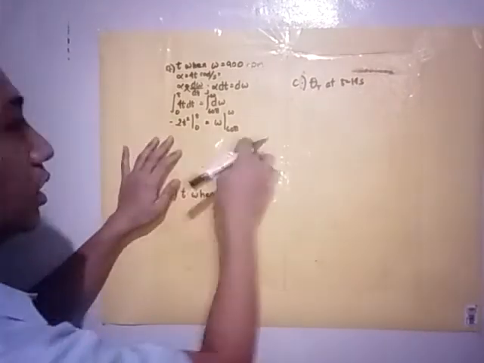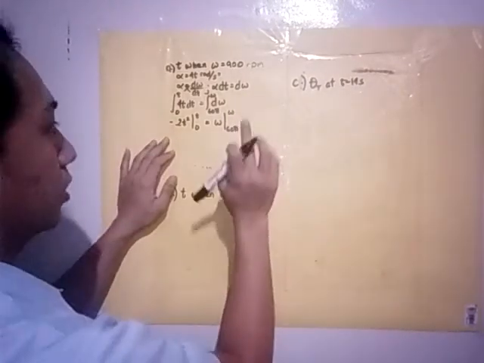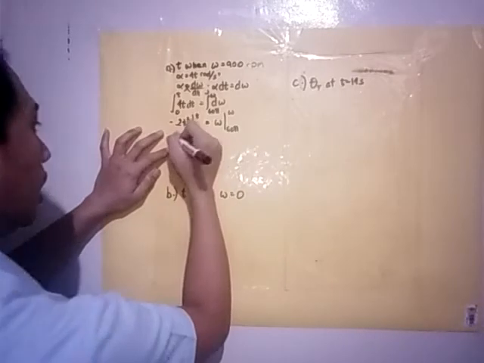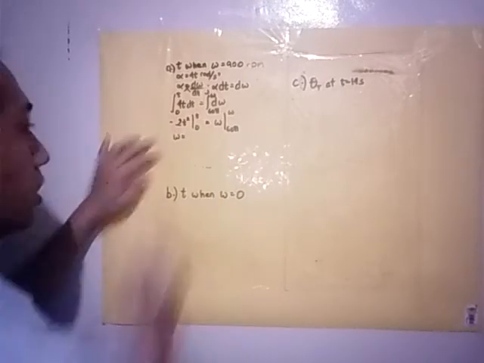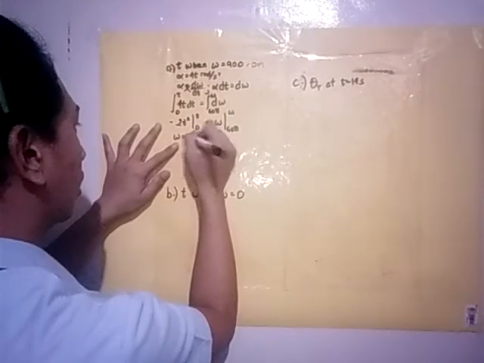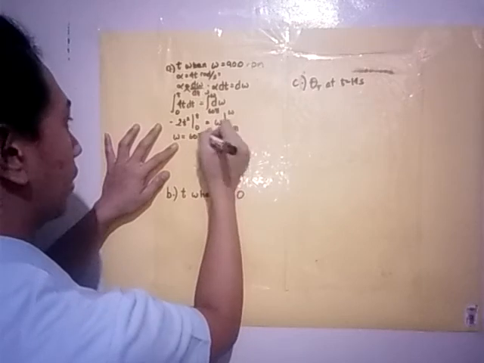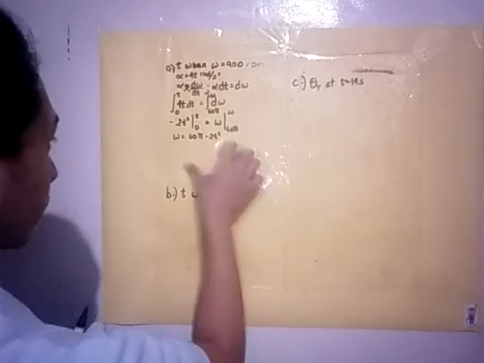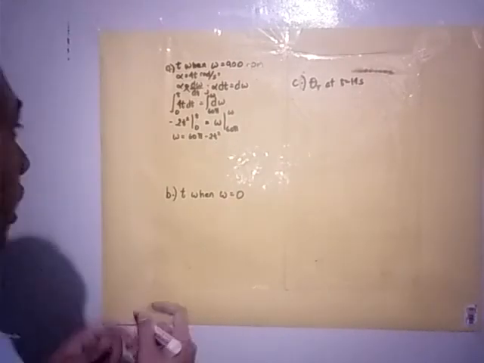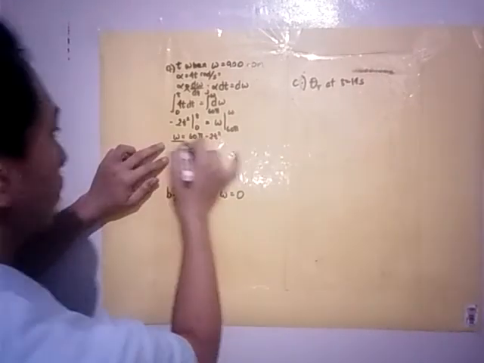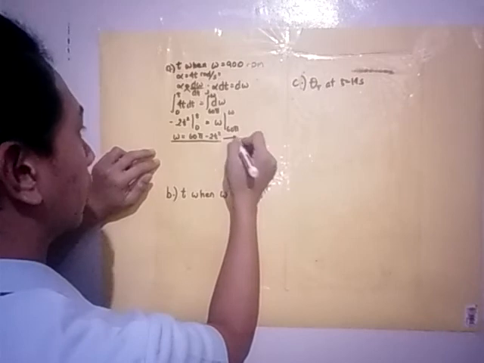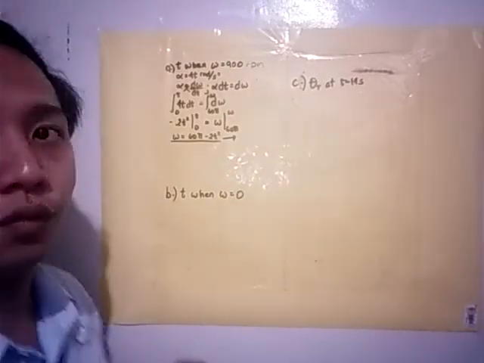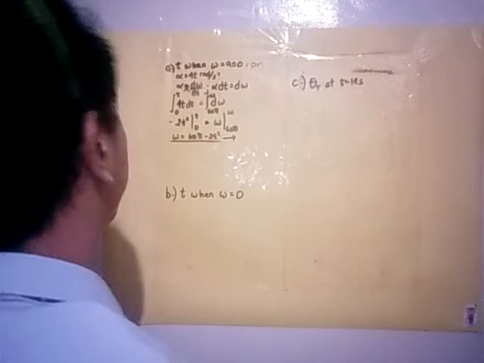And substituting the limits, upper limit minus lower limit, we will get omega is equal to 65 minus 20t square. Then, this is our equation to get our angular velocity at a certain time.